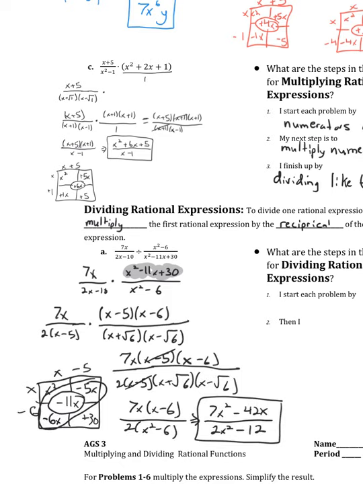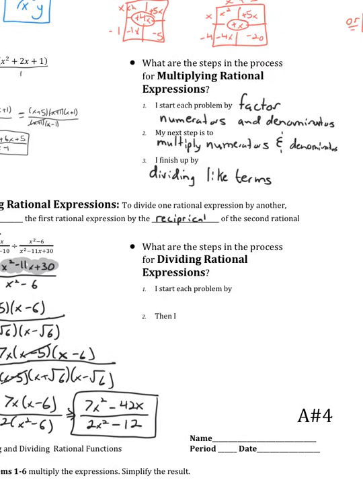It doesn't look great, not very well simplified, but that's the best I can do. Just don't fall for the trap of seeing an x squared minus 6 and an x minus 6 and thinking you can simplify that somehow. It won't work, unfortunately, so we're stuck with this kind of ugly big thing.